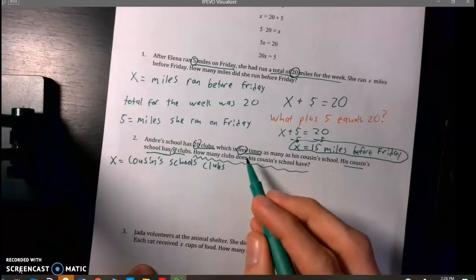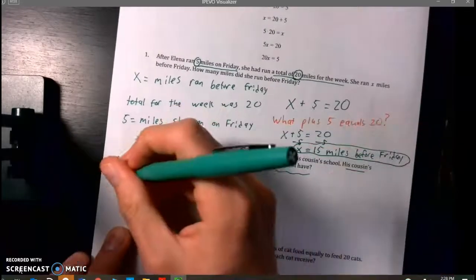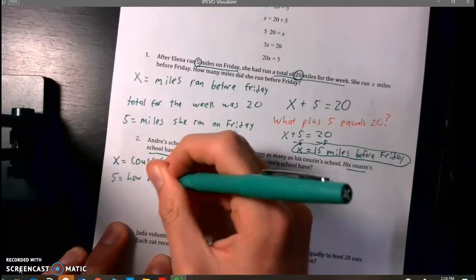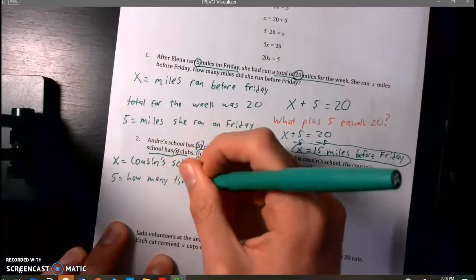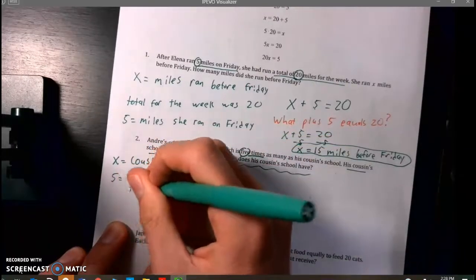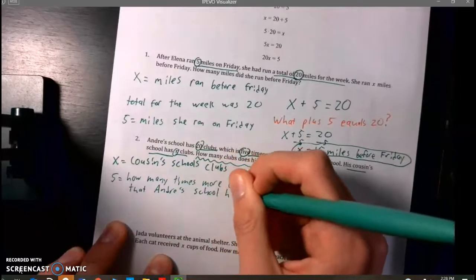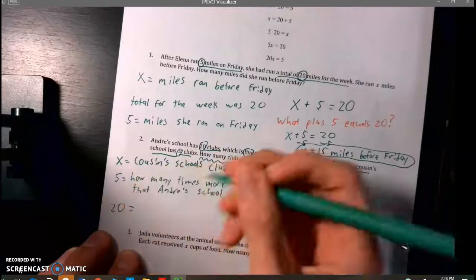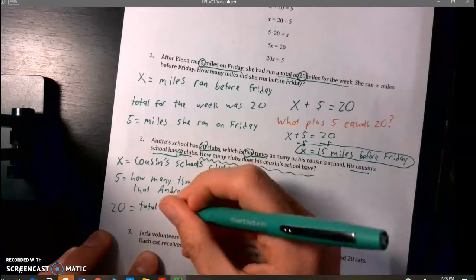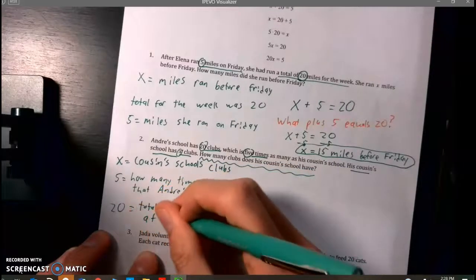And then we see the number here, 5. So 5 times as many. We'll say how many times more clubs that Andre's school has. And then 20 is the total amount of clubs at Andre's school.